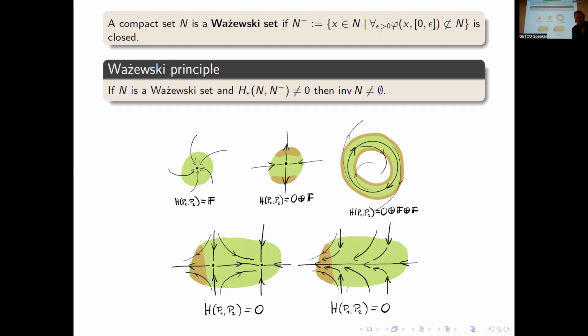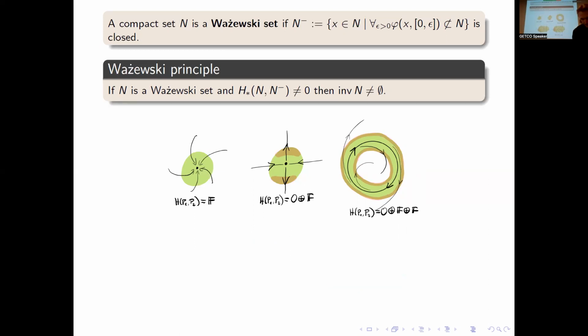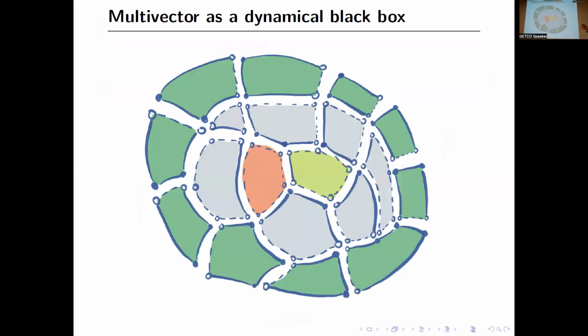The ones that have non-trivial relative homology of the set itself relative to the exit part. Those are critical because by the Wazewski principle, we know that if we encounter that kind of set, there must be something invariant inside. So by looking at those black boxes, we don't know what is going on inside, we just know what is going on at the boundary.